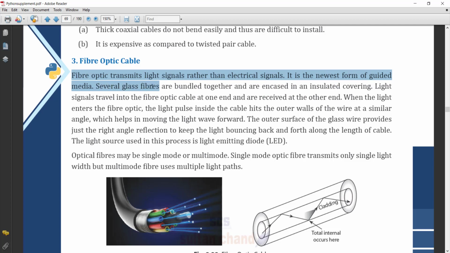Several glass fibers are bundled together and are encased in an insulated covering. Light signals travel into the fiber optic cable at one end and are received at the other end.